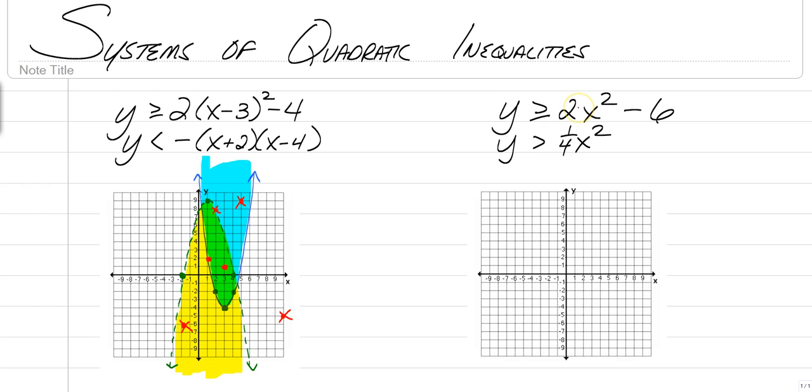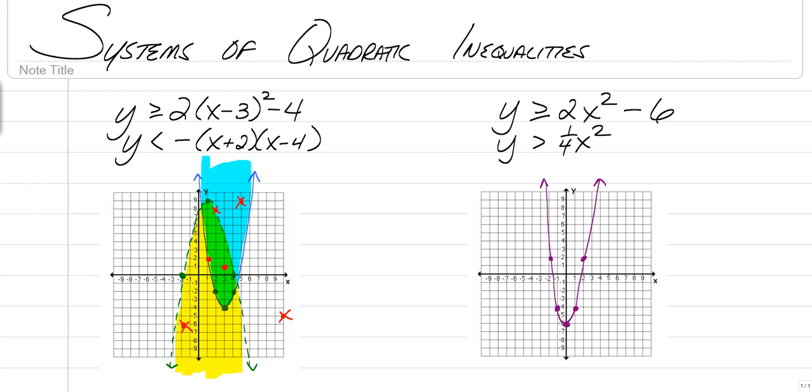So the first one, you have 2x squared minus 6. Your graph would look just like this, and you would have a solid line, and you would be shading above that one because y is greater than or equal to 2x squared minus 6.